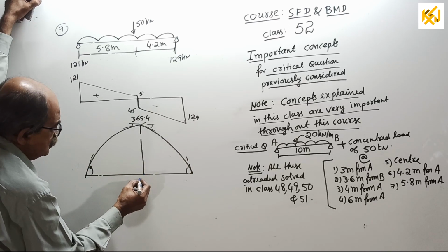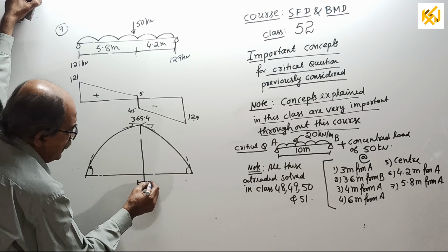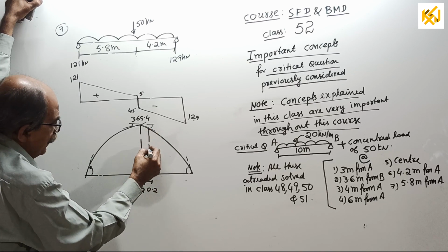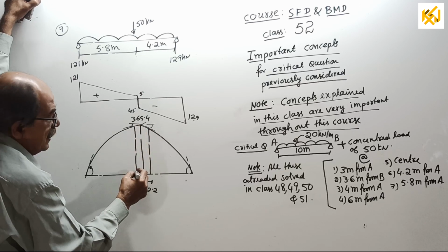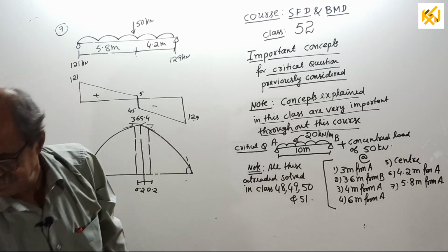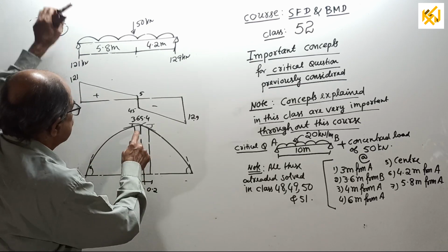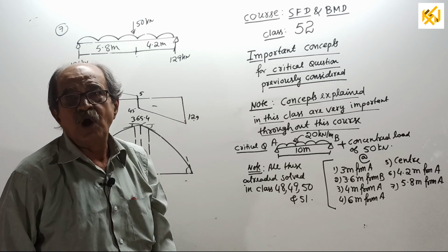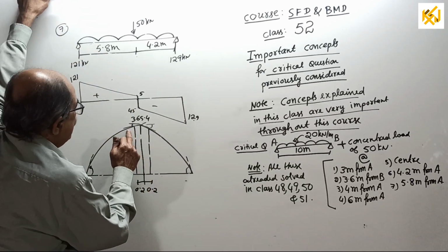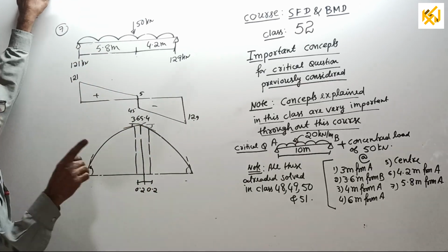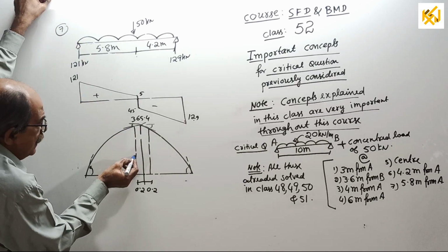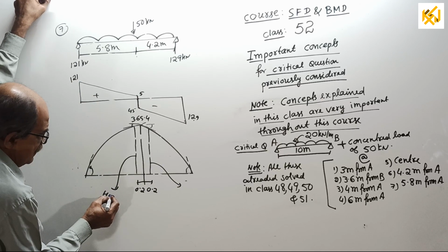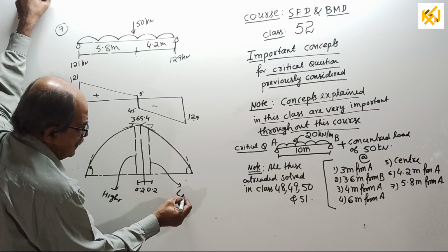Again now, just to understand, 0.2 meter either side. If you find the bending moment, once again I will tell the concept. This side is steep. See, steep means drop is fast. This side is a little flat. Drop is lesser. So this BM should come more than this BM. This is higher, this is lesser.